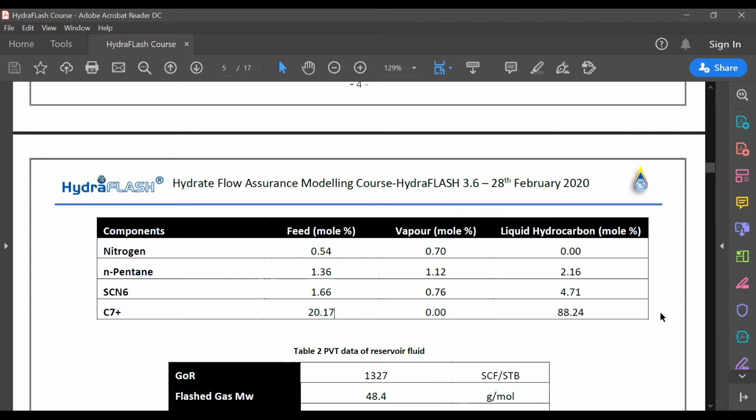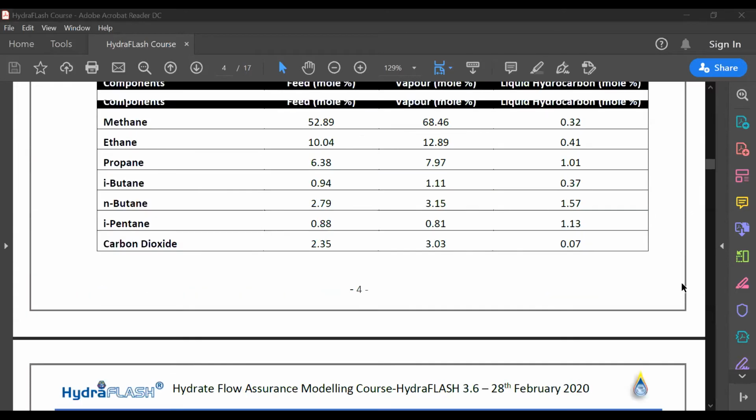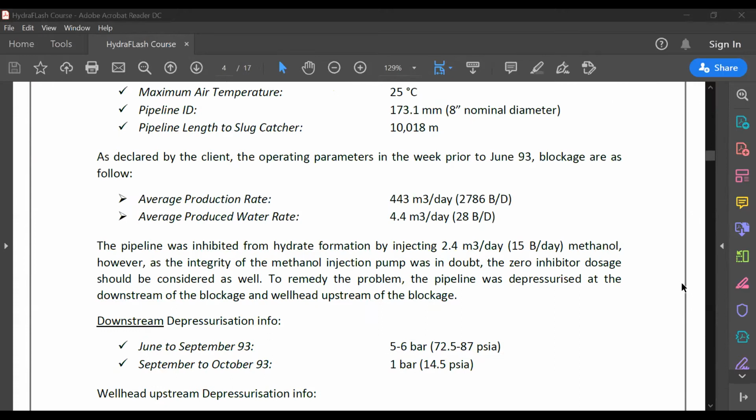Now, volatile oil is a very dangerous fluid because it can form hydrate, and it can also have a very bad wax problem. Not as much on the asphaltene, but obviously you need to look at all possibilities. They came to us after the blockage, and they initially wanted to know if hydrate had formed in the pipeline.